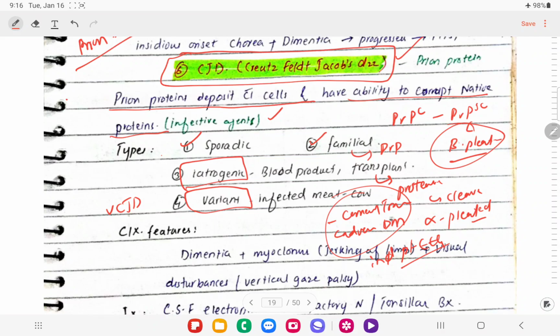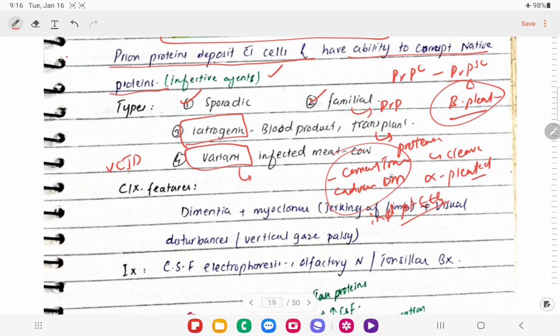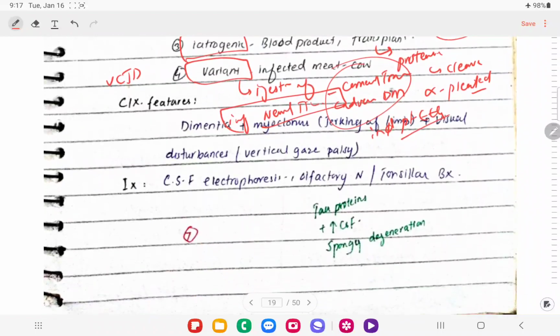Actually, we can get this from the ingestion of infected meat, basically ingestion of neuronal tissues. Infected neuronal tissues, people who eat the brain of animals. If there is any infected animal and some person eats that, he is going to get the prion disease, he is going to get CJD, right?